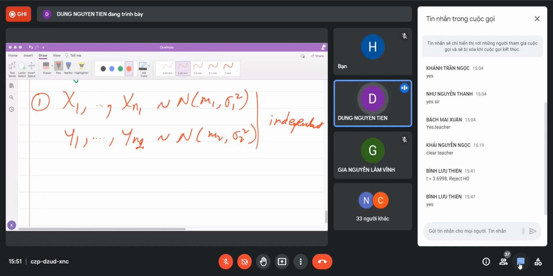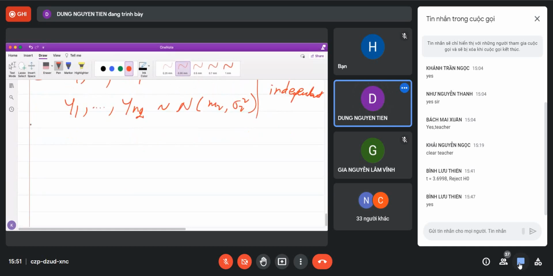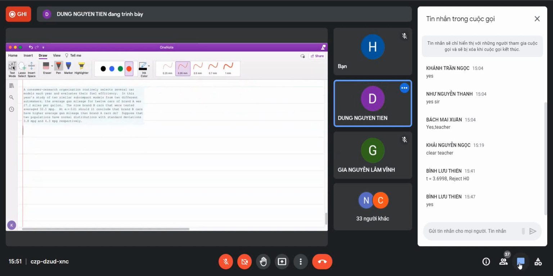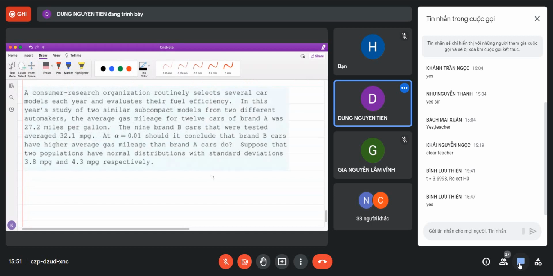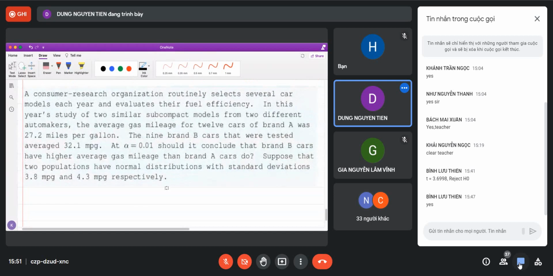Now let's have a look at the following example. A consumer research organization randomly selects several car models each year and evaluates their fuel efficiency.